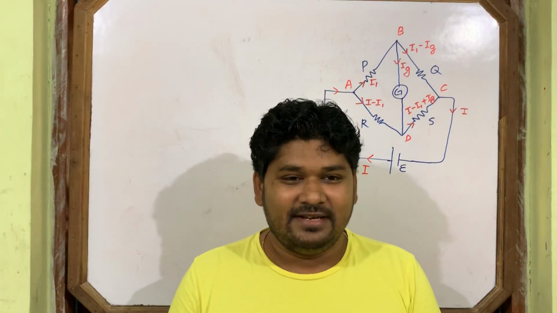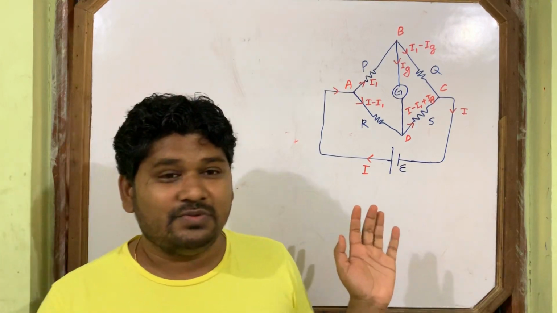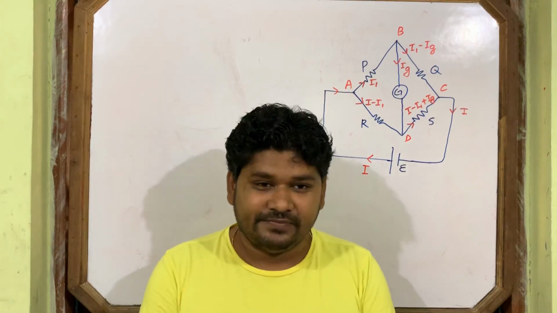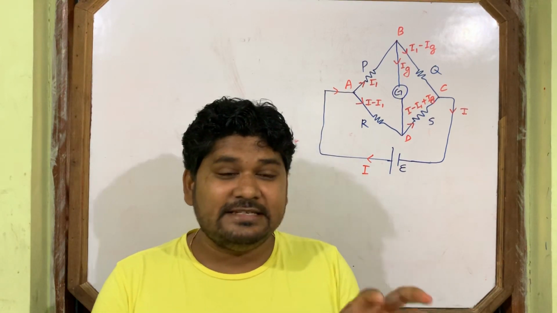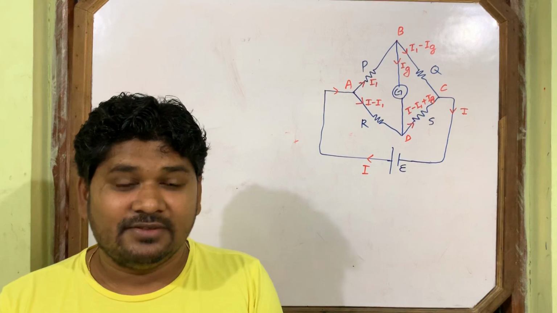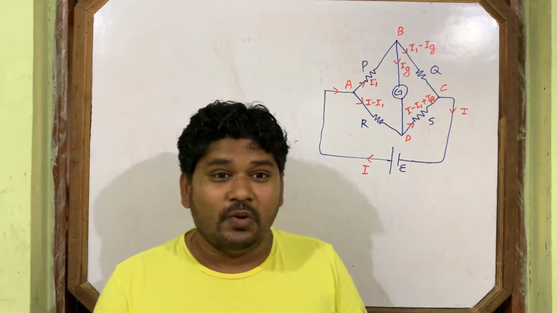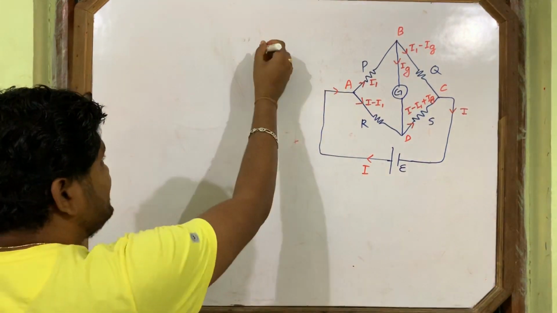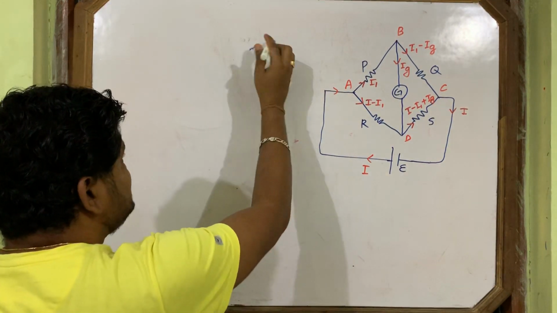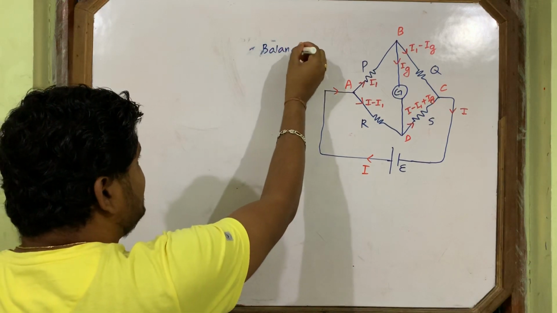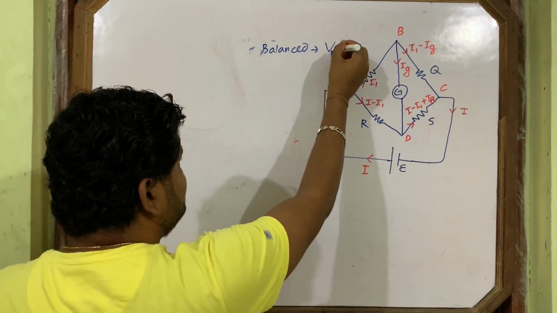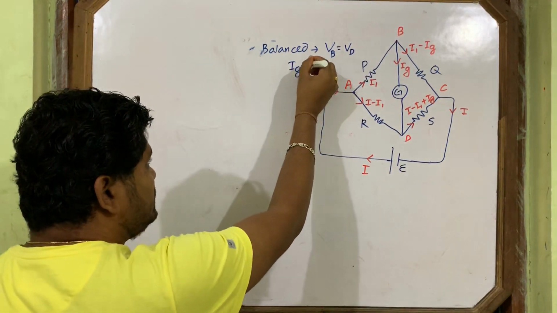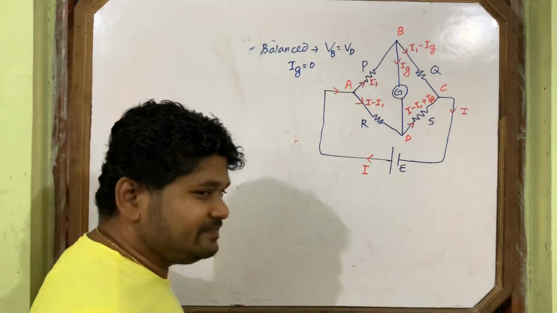Because in this Wheatstone bridge, we will discuss the balanced Wheatstone bridge. The bridge is said to be balanced when the potential of B is equal to the potential of D. That means no current passes through this line.